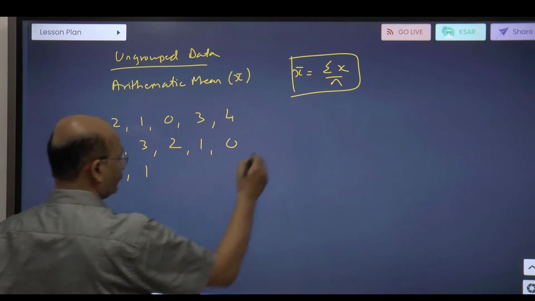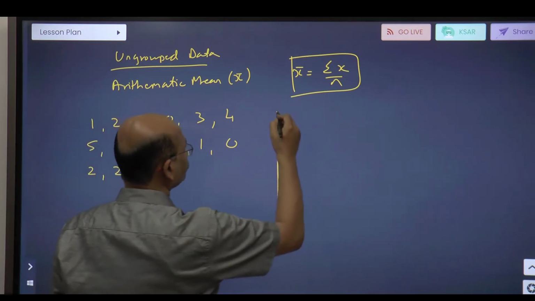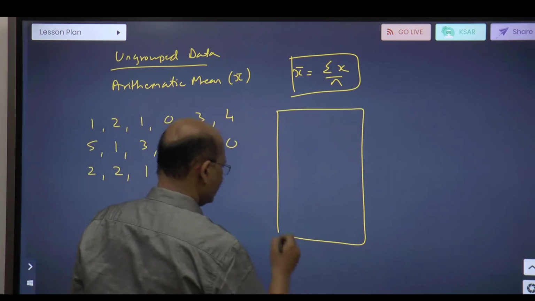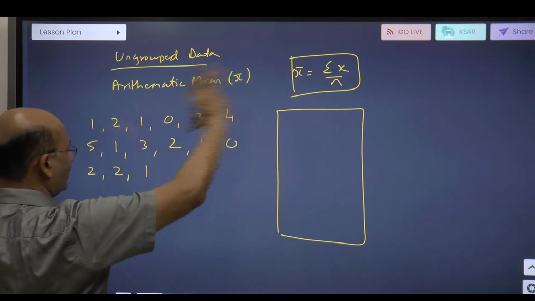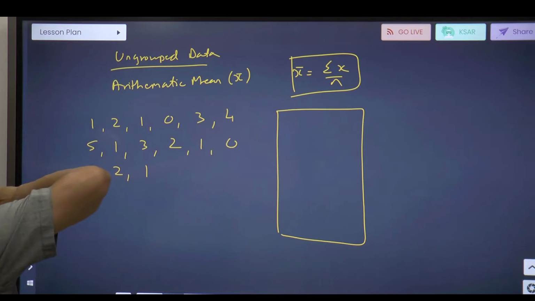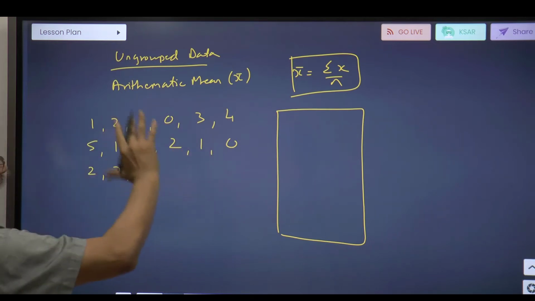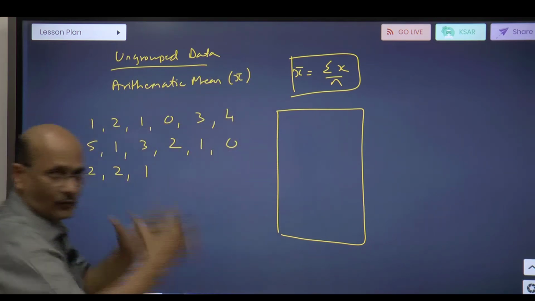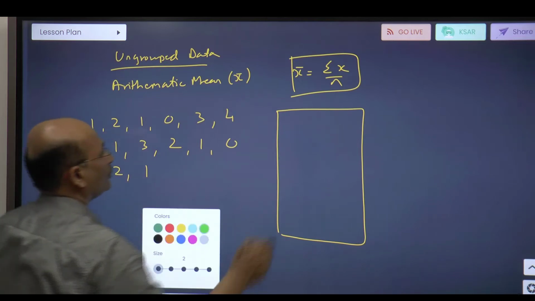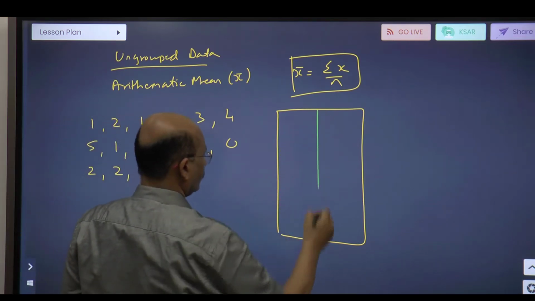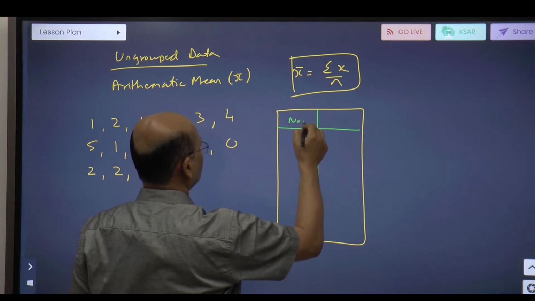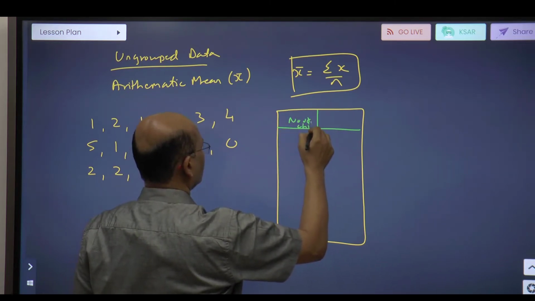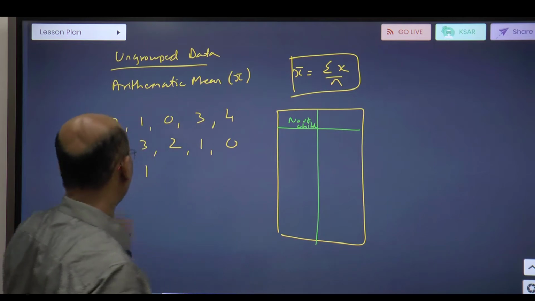Now just listen very carefully and pay attention. What I am showing you is that, instead of a spread-out way of data, I am converting it into segregated data. What is segregated data? Pay attention now. This is the number of children.